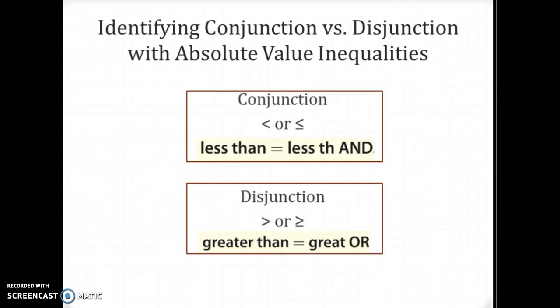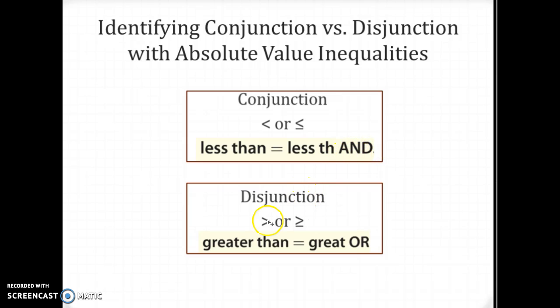One last note, we've talked about conjunction and disjunction with our inequalities. This is just kind of a shortcut way of knowing if it's going to be a conjunction or a disjunction. So if your inequality uses less than or equal to, think of less than as being less than and, which is our conjunction.